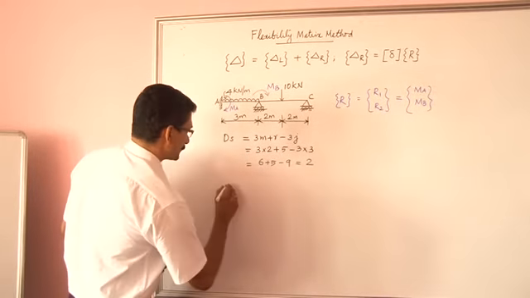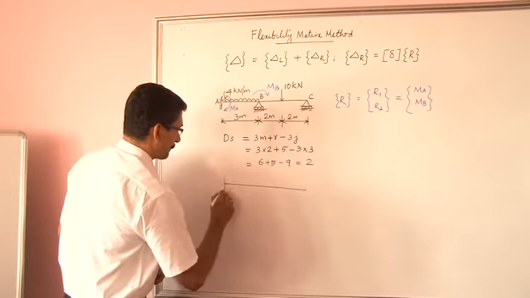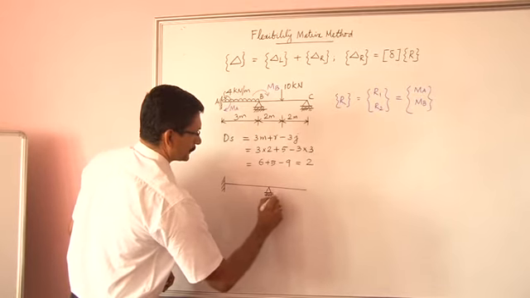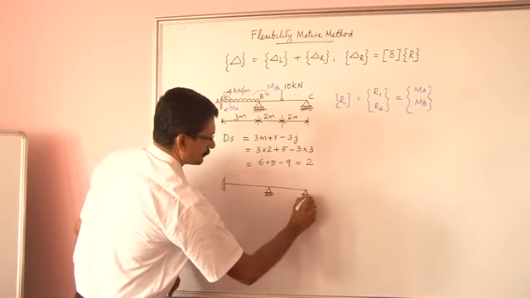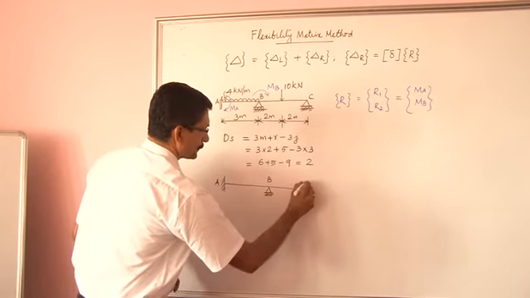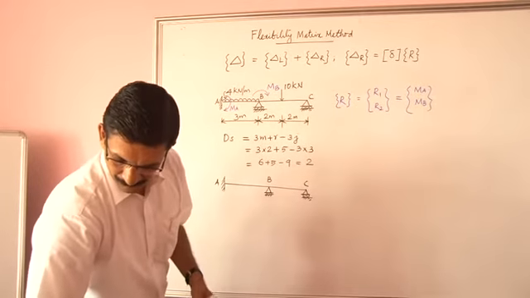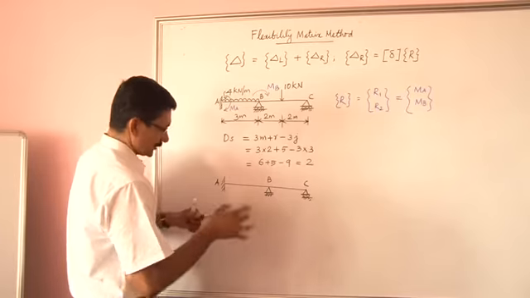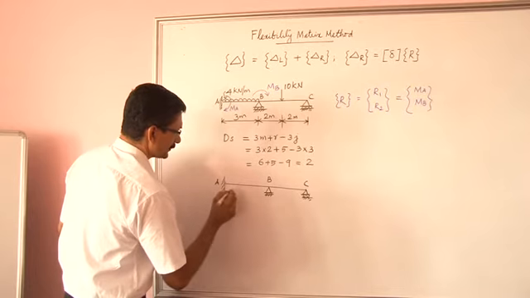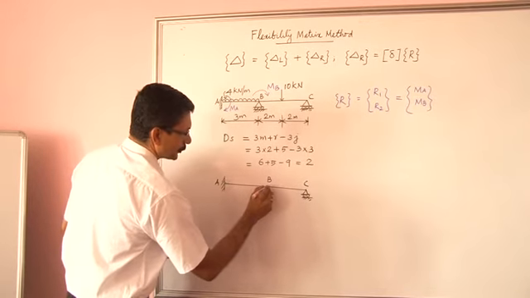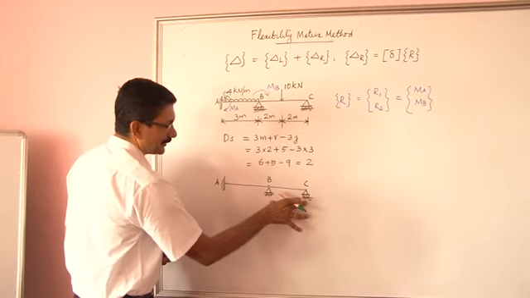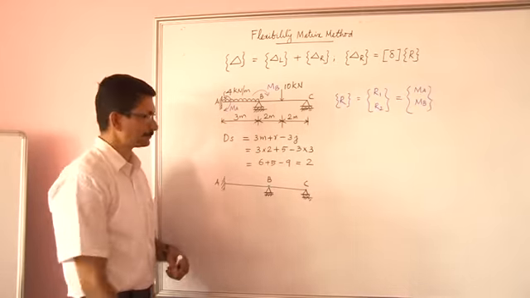If you draw that, that is the original structure, supports A, B and C. Now, if you remove the moment from A and B, we are going to have hinges over here. This point becomes a hinge. This point also becomes an internal hinge, like that. So, the span AB and span BC are going to behave like simply supported spans.